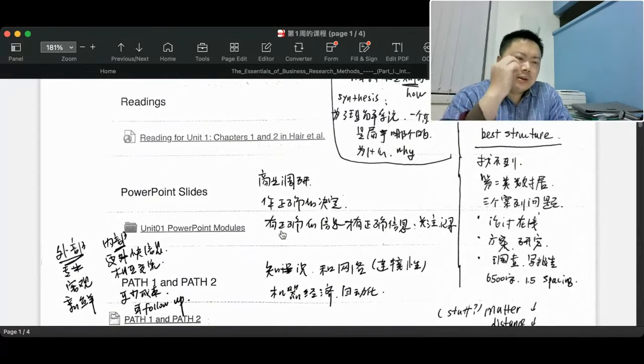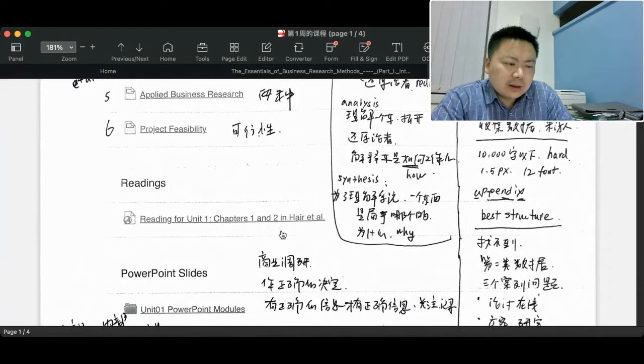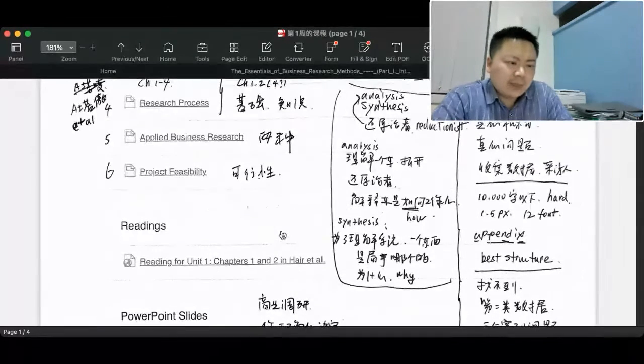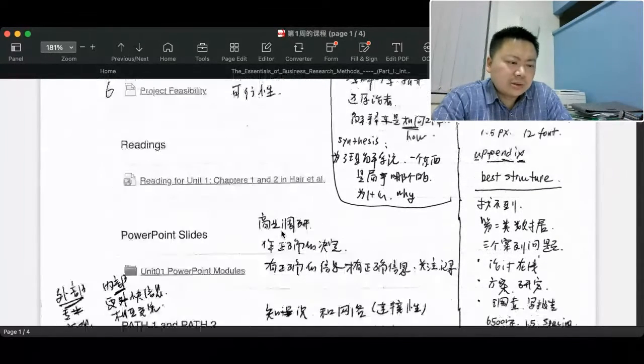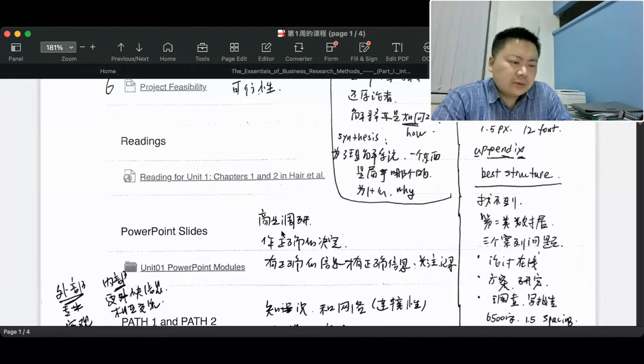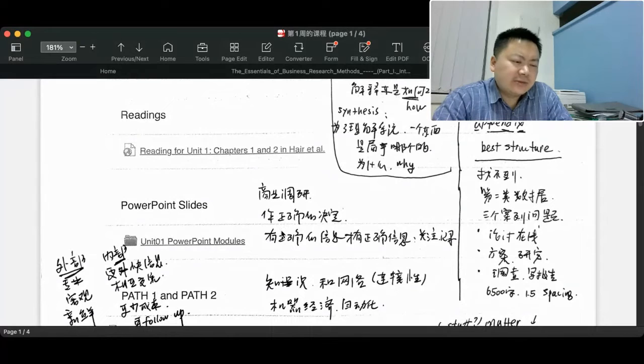I need to find a project. I need to have a proposal that needs to be approved by one of the teachers. If I can't find a business organization to do a business report, the teacher mentioned a path two, which is based on reading and doing research from the textbook.